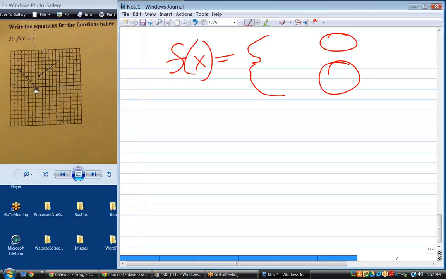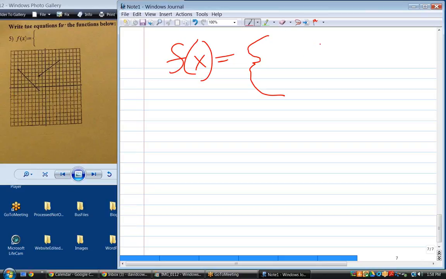You look where the graph starts. The x-axis is what we're looking at, not the y-axis. What is the x-coordinate of that point right there? If you count it out, it's 3, 6, negative 8. Okay?